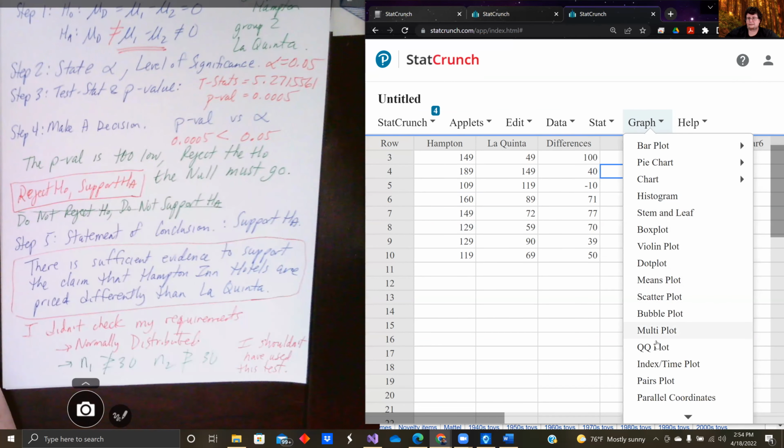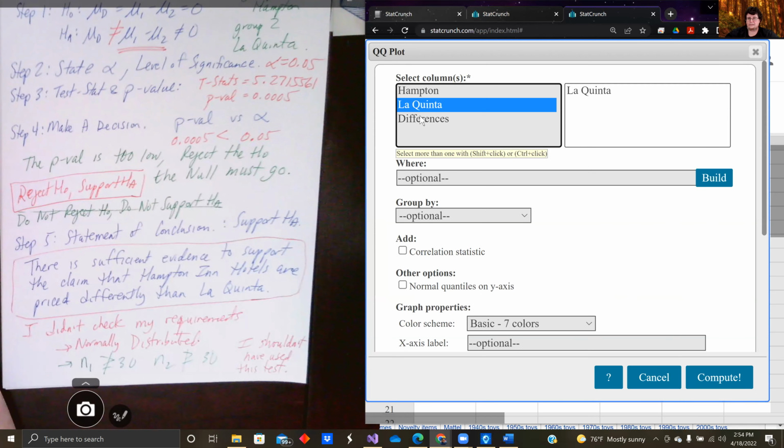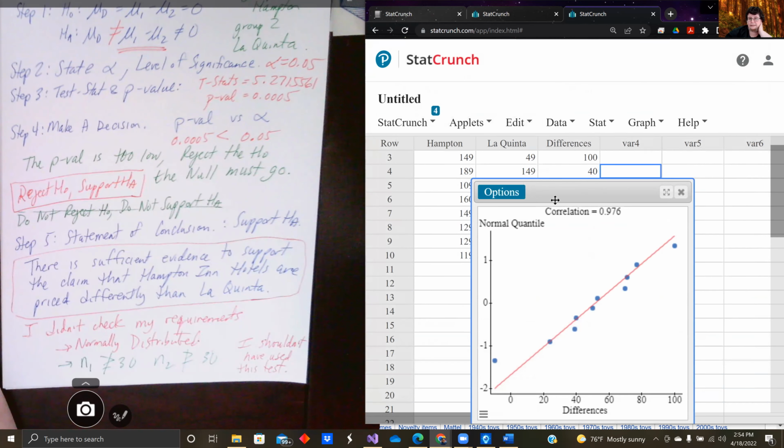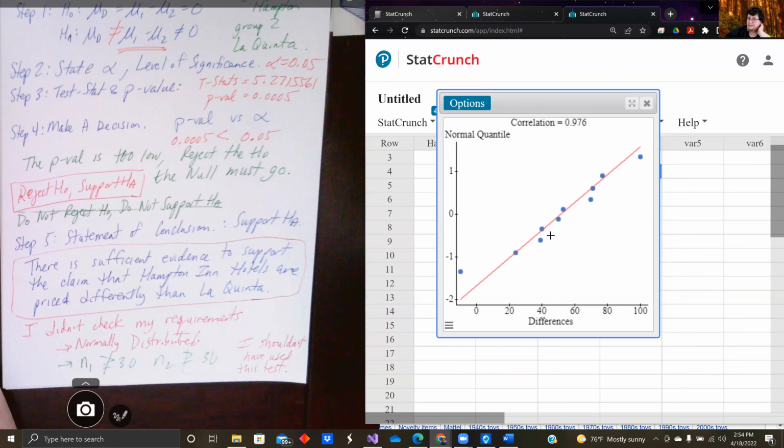Let's see. We do that on that difference column. It looks even better. It's more linear.